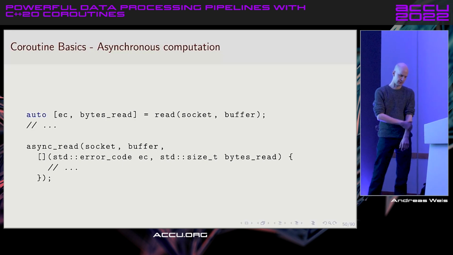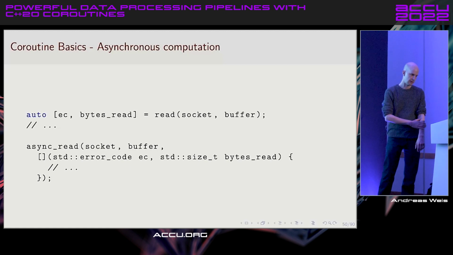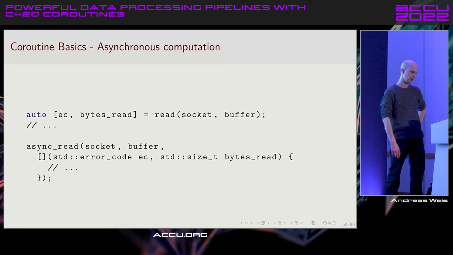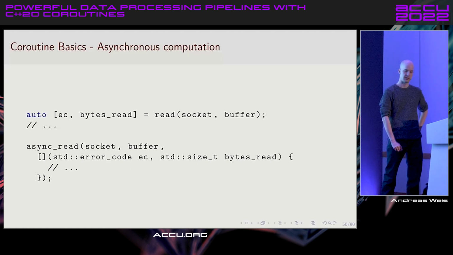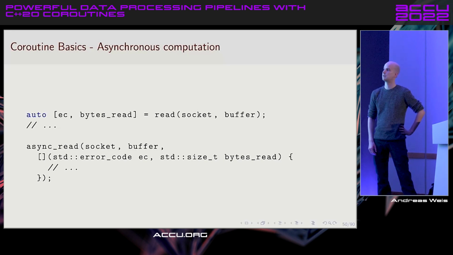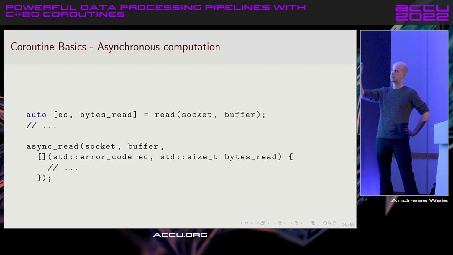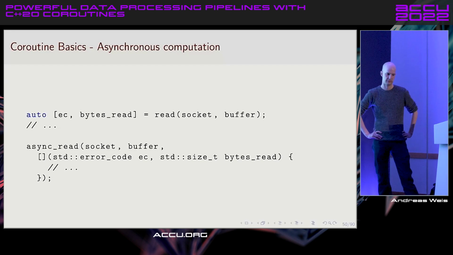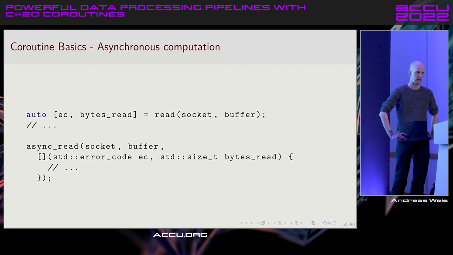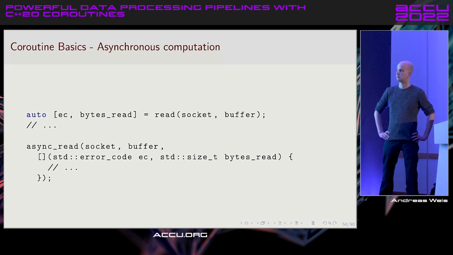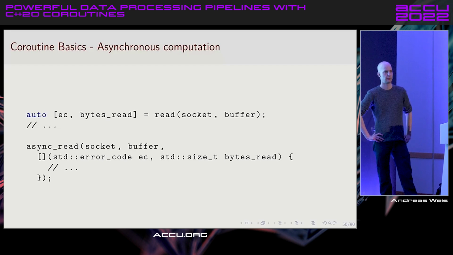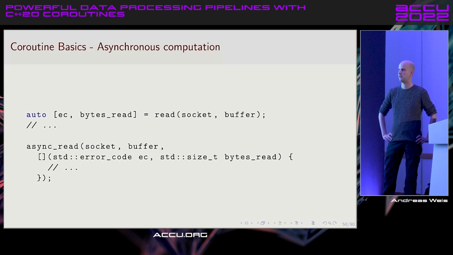The typical use case that people look at when talking about coroutines is asynchronous computation. Think about a read function, for example, in a networking library that wants to read some data from a socket. The easiest way is to just use a blocking read, but you might not want to do this for performance reasons.